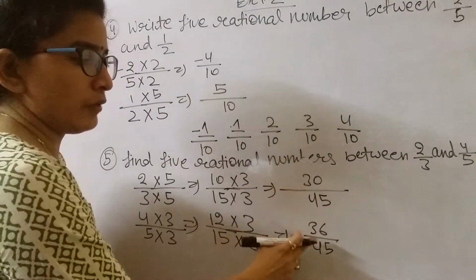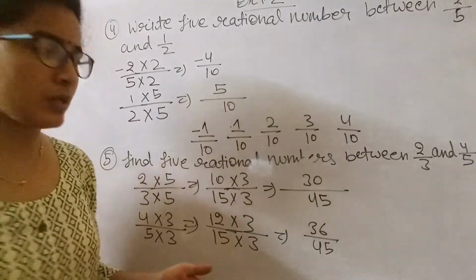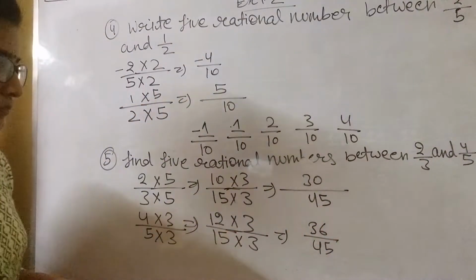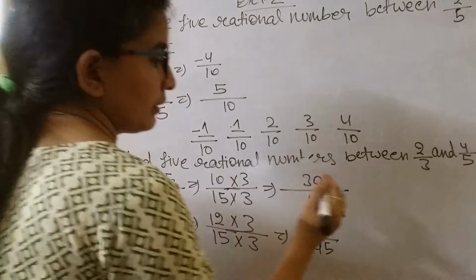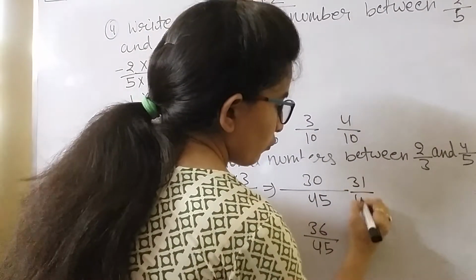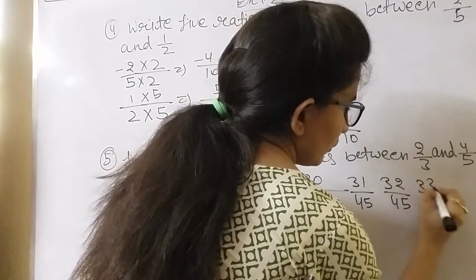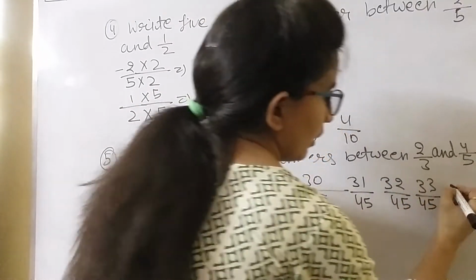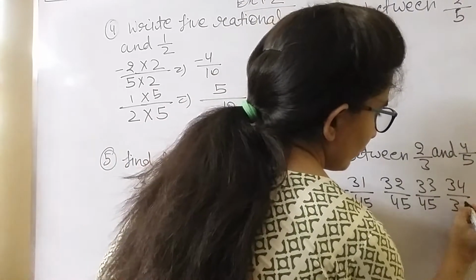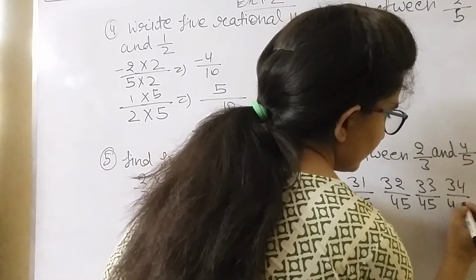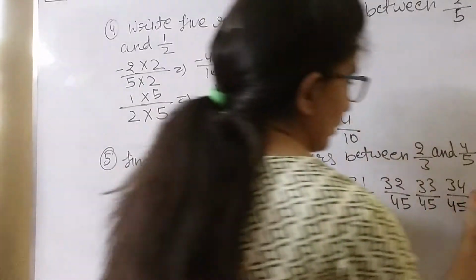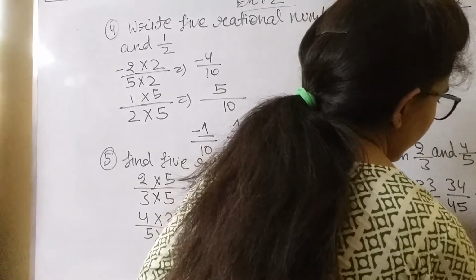Like between 30 and 36, there will be 5 numbers: 31 upon 45, 32 upon 45, 33 upon 45, 34 upon 45, 35 upon 45.